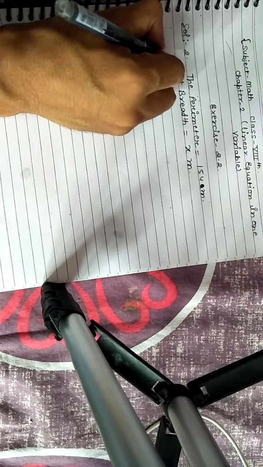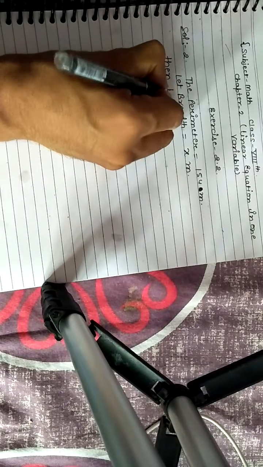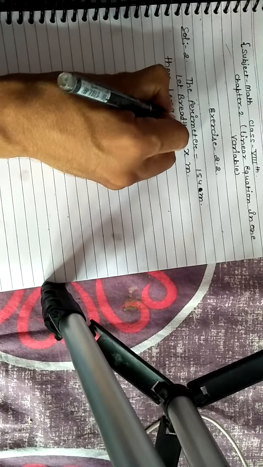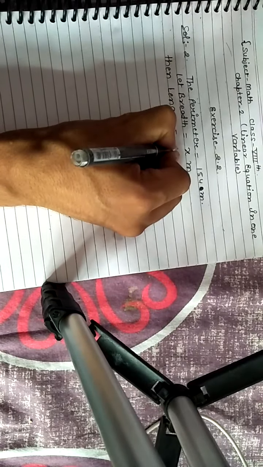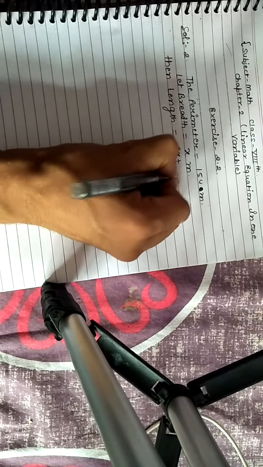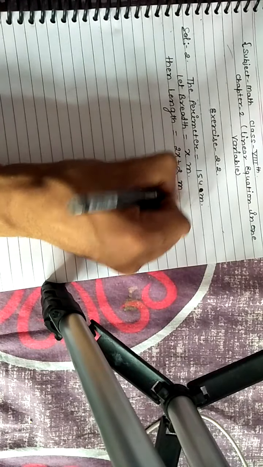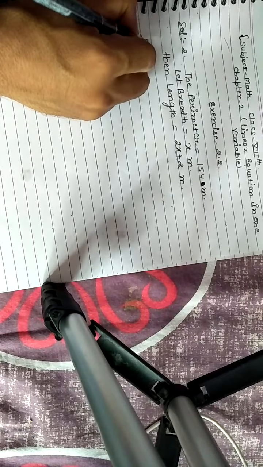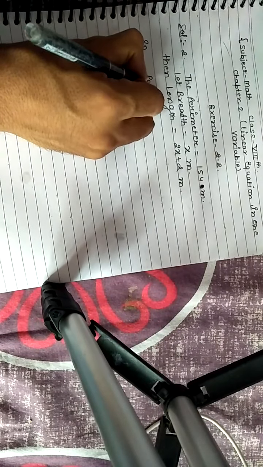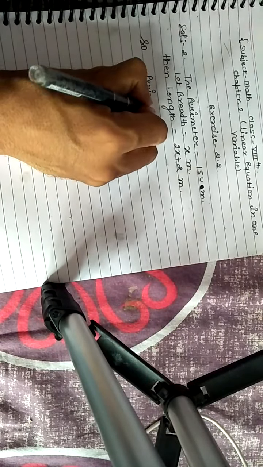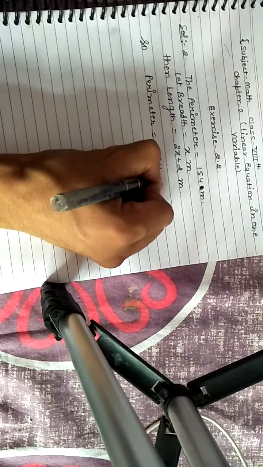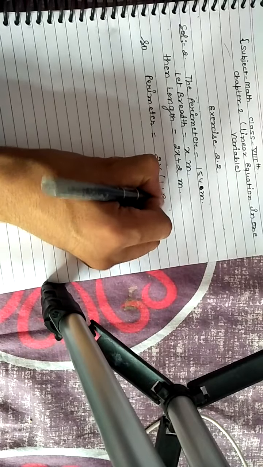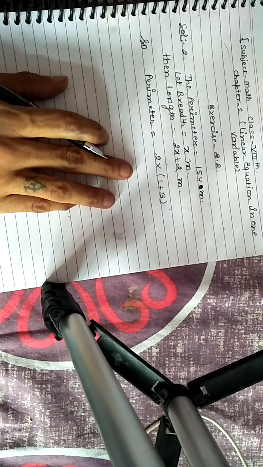Then the length will be 2x plus 2 meter. So the perimeter is given here. Perimeter is 2 into (length plus breadth), that is the formula of perimeter.